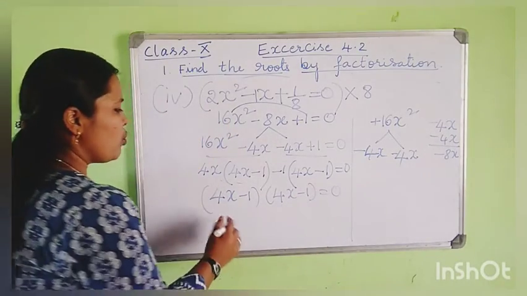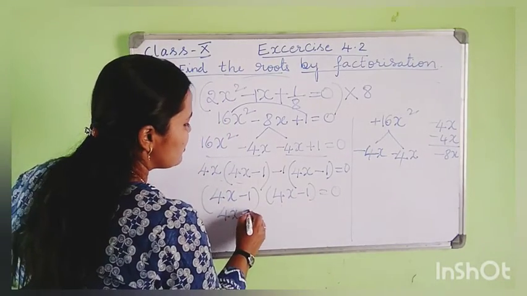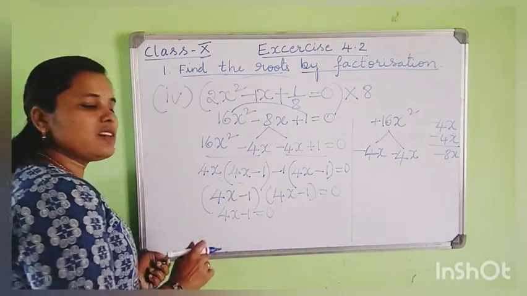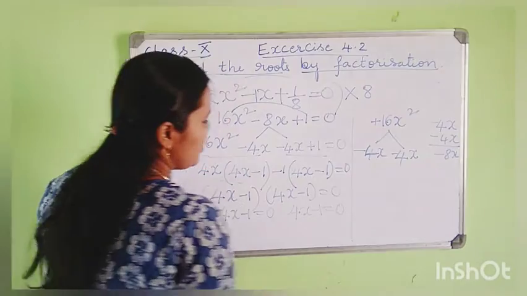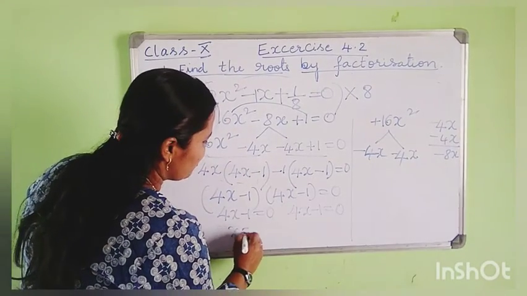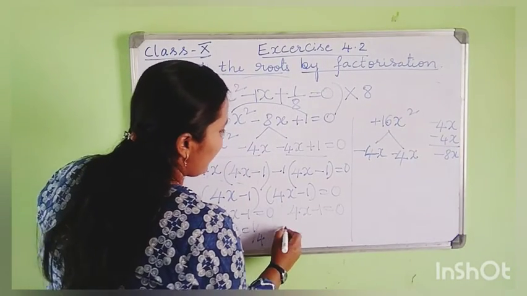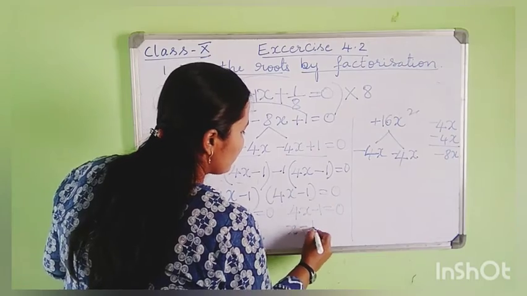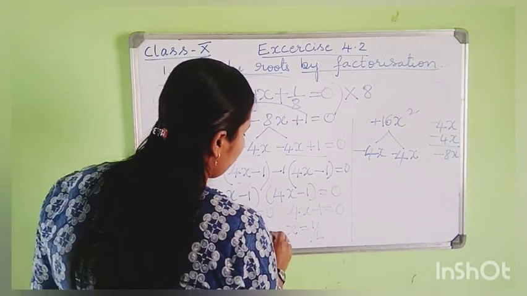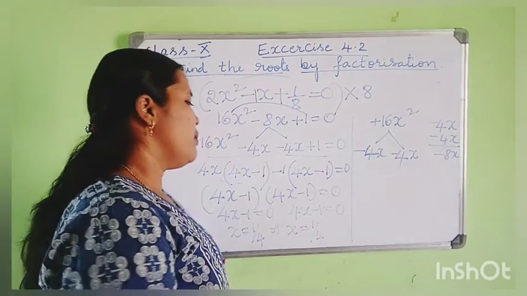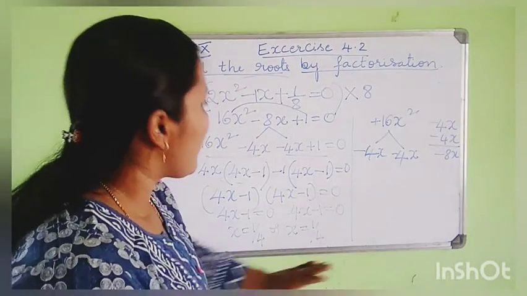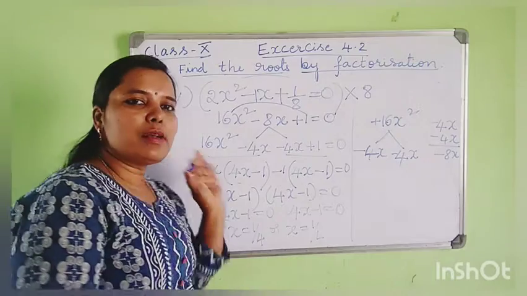Now equate both the factors to zero. 4x minus 1 is equal to 0. 4x minus 1 is equal to 0. Now x is equal to 1 by 4 you will get, and also from both the factors you will get 1 by 4. x is equal to 1 by 4 or x is equal to 1 by 4. Two same factors you will get in this problem.